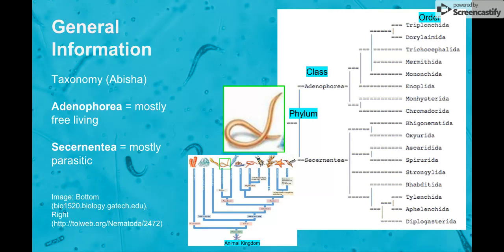So a lot of these smaller branchings tend to be changing a little bit more actively. So whatever parasite or whatever organism you're looking into, make sure you use an up-to-date chart, but it's probably going to change within 10 years anyway, so we do the best we can.